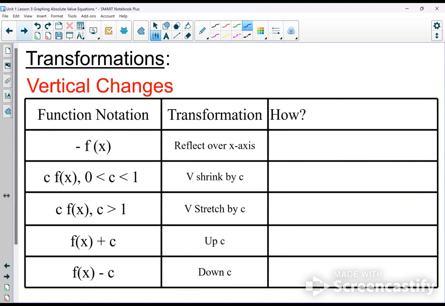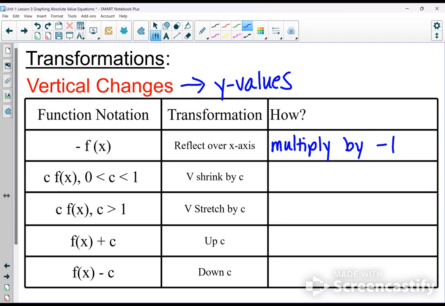When we talk about vertical changes, these changes are going to affect your Y values. Therefore, when you're reflecting over the x-axis, you're multiplying the y values by -1. When we work with our vertical transformations, our outside transformations, the numbers are what they are. We don't make any changes to them. So the transformations are the ones that we would expect.